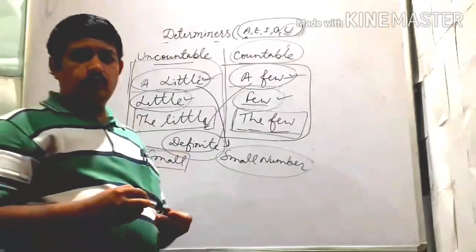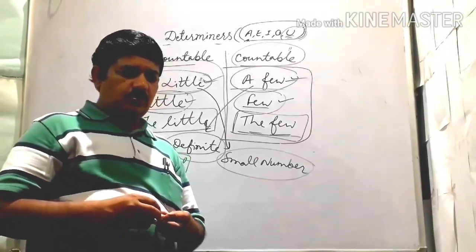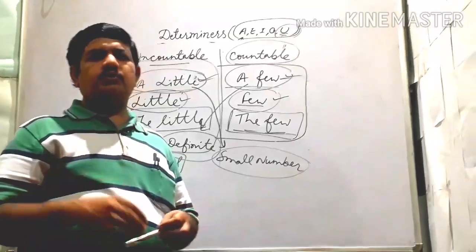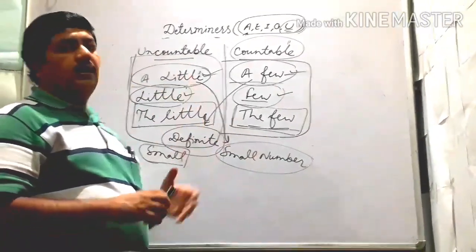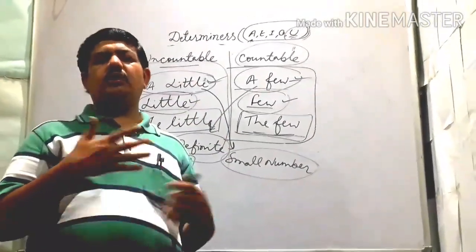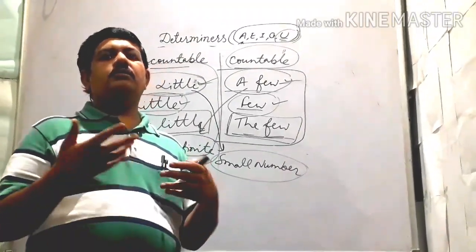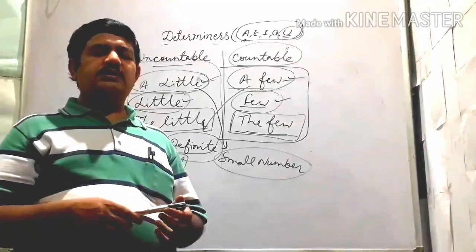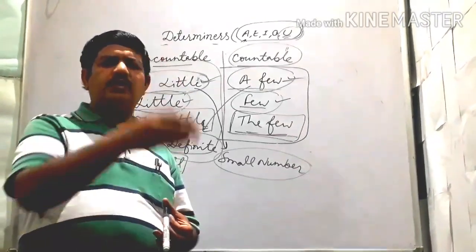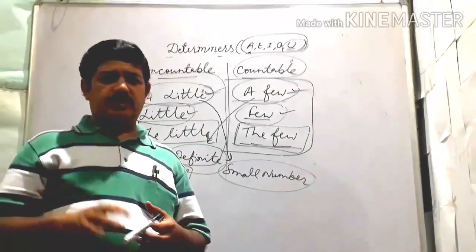The things which you feel give some kind of positivity to you, like I have a little money. It means you are quite comfortable. You can travel here and there. Suppose some amount of money is there with you, and with that you can travel here and there. You are comfortable with it.